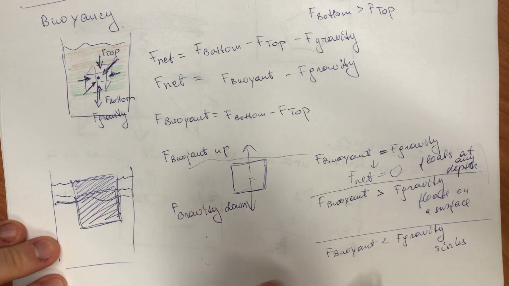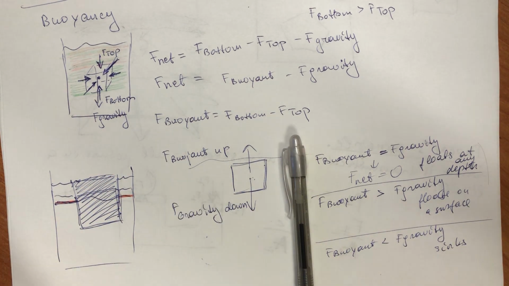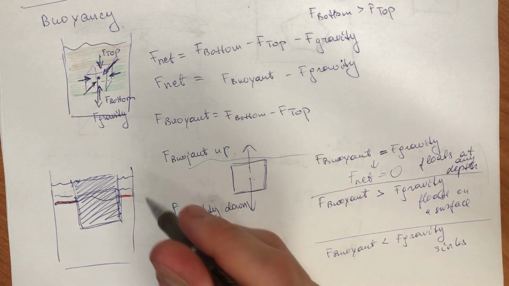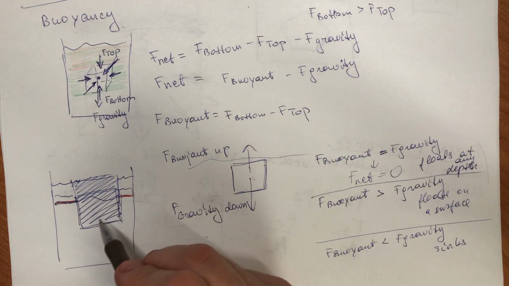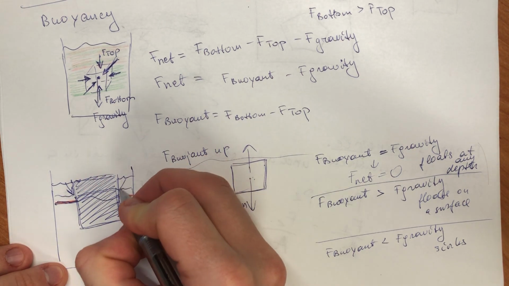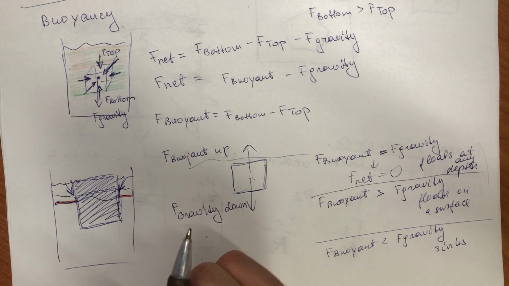The initial level was here, so the water level rises. The water is displaced, and the water wants to go down and pull this object up.